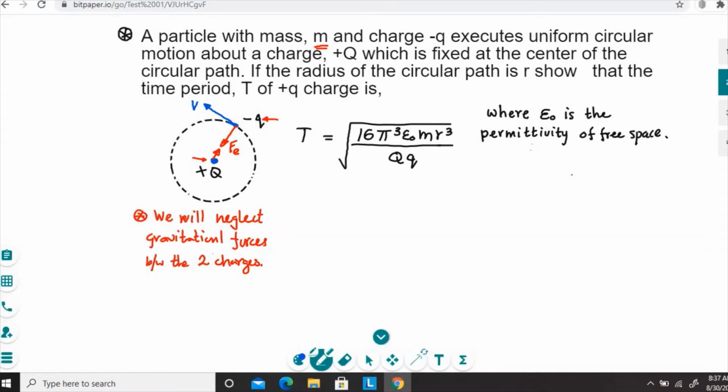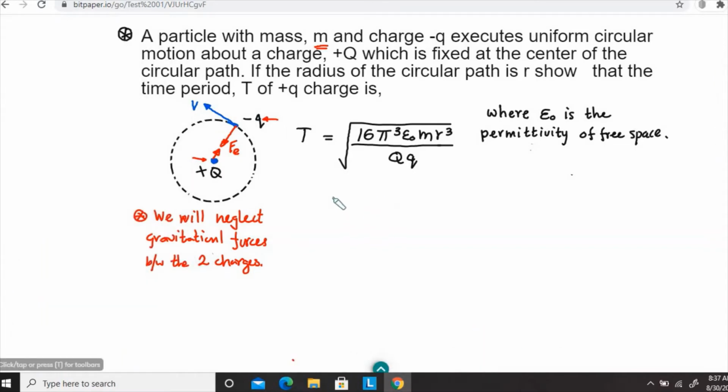So if we consider motion towards the center of this circle, then we can apply Newton's second law, F equals ma. F is the net force.